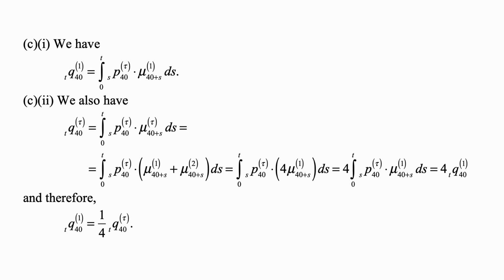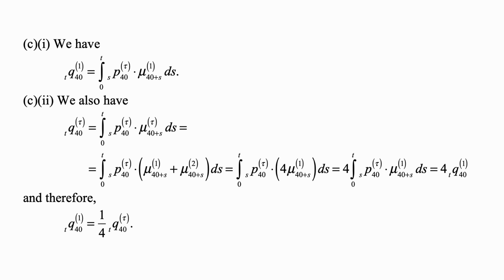Part C2 tells us that tq40 tau is the integral from 0 to t. Well, actually, it doesn't tell us that. We figured it out. Anyway, this is the integral from 0 to t of sp40 tau times mu 40 plus s tau ds.